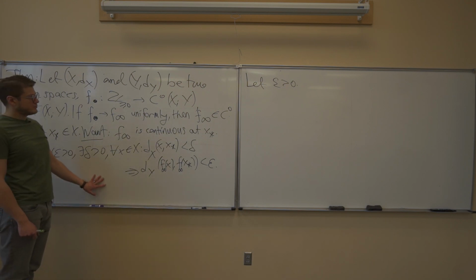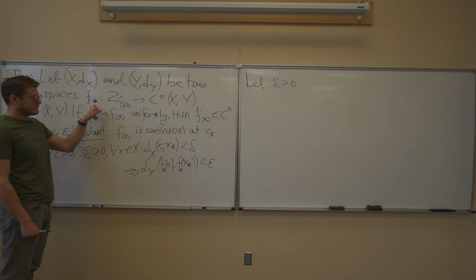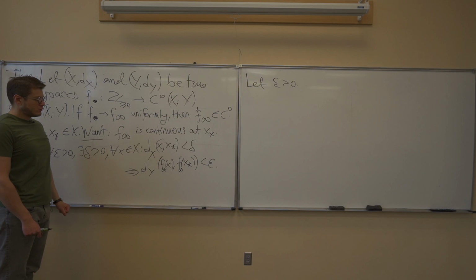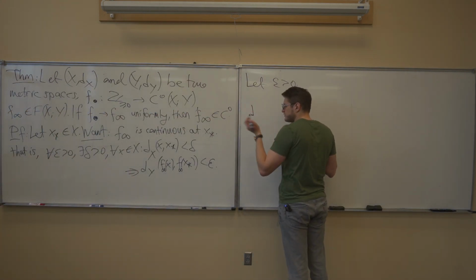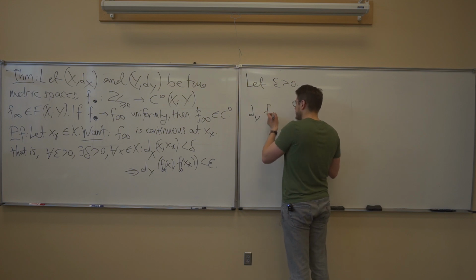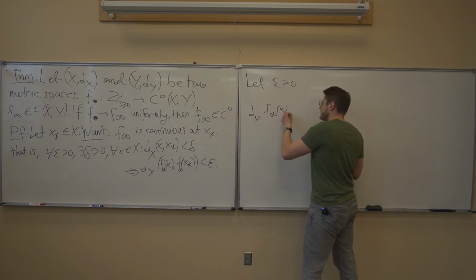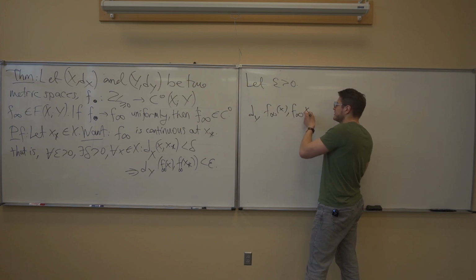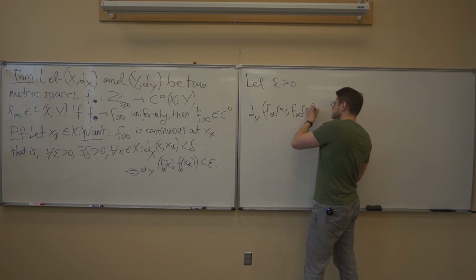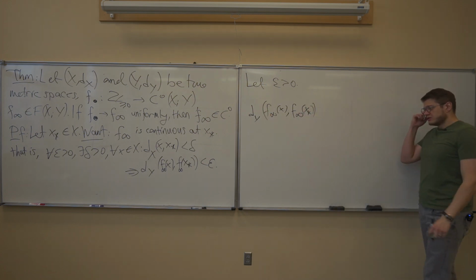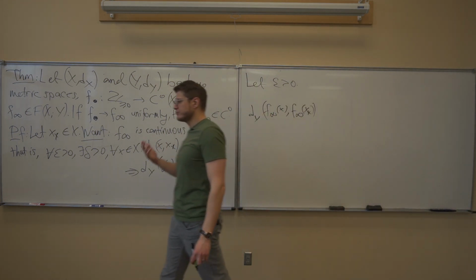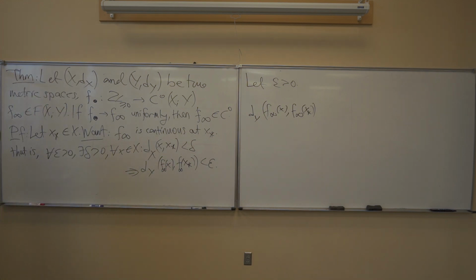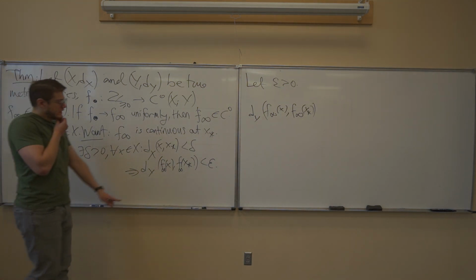Well, you have a couple things. You have that each of these functions is continuous, and that you have this uniform convergence. Well, let's do this then. The trick in these situations is almost always the triangle inequality. The triangle inequality produces upper bounds, and I'm trying to upper bound it.